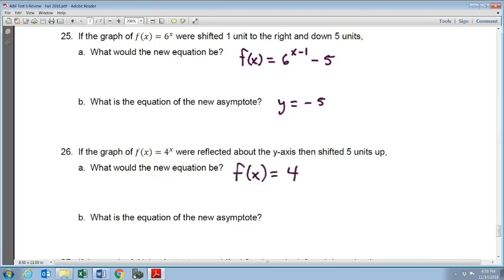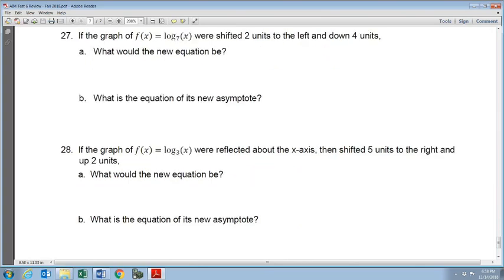So we're going to have 4 to the minus x, and 5 units up, that's going to be plus 5. So again, this is a horizontal asymptote at y equals 0 for the parent function. And the only thing that's going to change that is if we go up or down. And so we're going up 5, so it'll be at y equals 5. All right, let's move to our last slide.